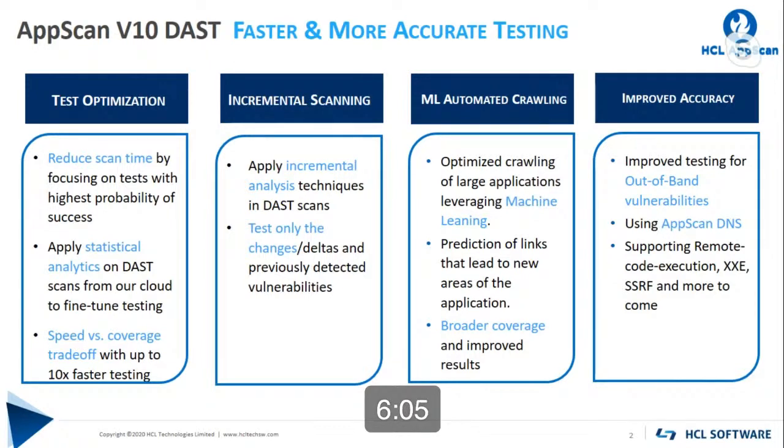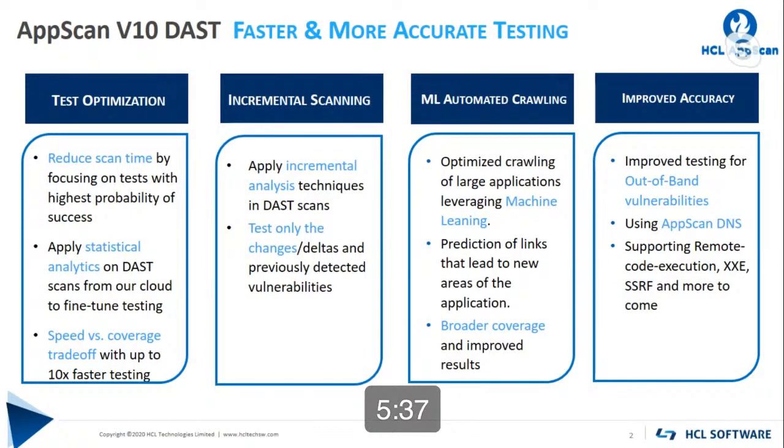Let's go quickly because I want to see the demo. Yeah, sure. The fourth item in this list is meant specifically for improving our ability to test out-of-band vulnerabilities. AppScan already had the ability to test out-of-band vulnerabilities, but we added a new component that we call AppScan DNS in order to do it.